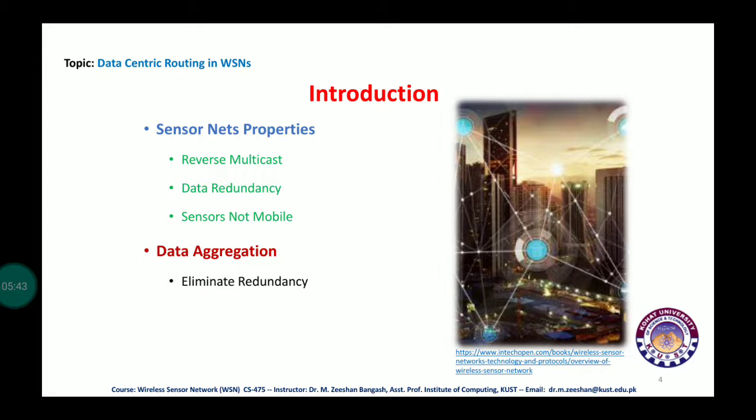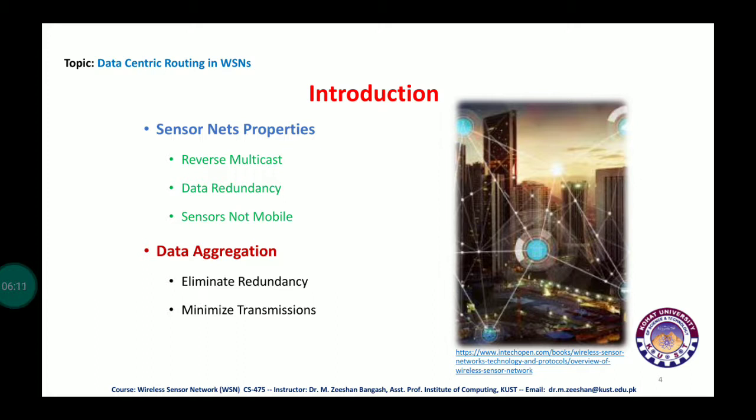So data aggregation is helpful firstly in eliminating the redundancy of the data, and the second important thing is that transmission consumes the most power in a wireless sensor network, and we already know that the sensors are very limited in their power.